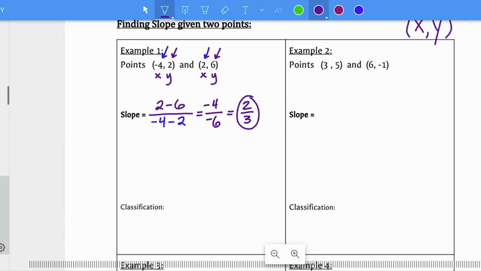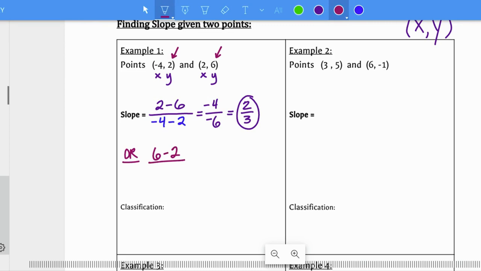Now, I mentioned that the order doesn't matter. I'm going to show you that I could also do it the other way, right? I'm going to erase my arrows. I could take this y value of 6 and subtract this y value, right? So 6 minus 2 on the top.